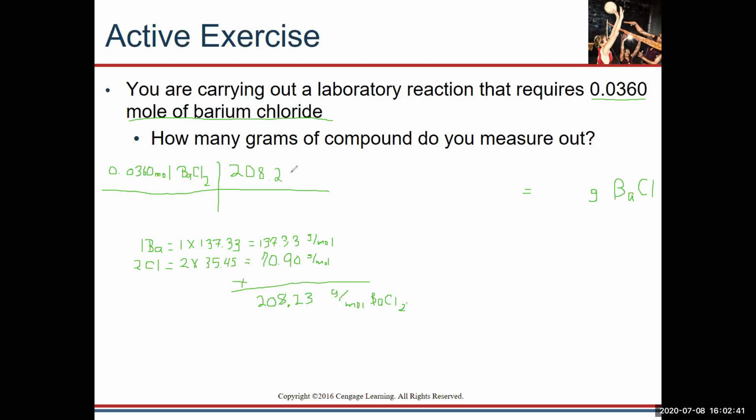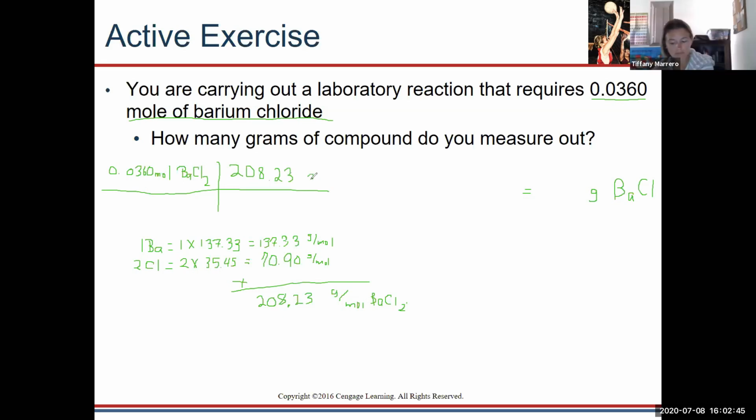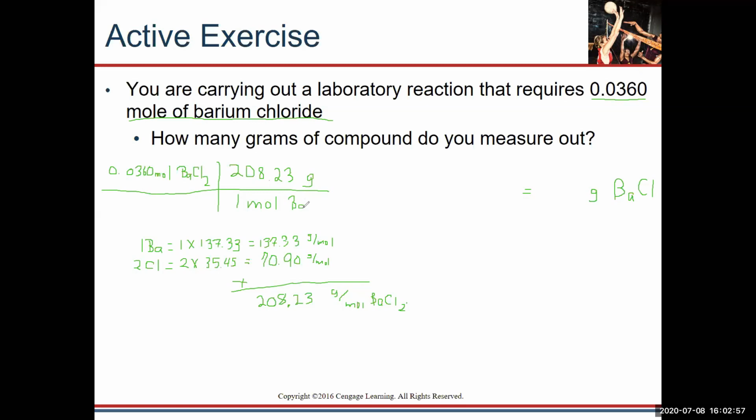And the top is going to equal the 208.23 grams barium chloride too. So that means that the mole gets crossed off, right? Yep. And now we're left with grams.